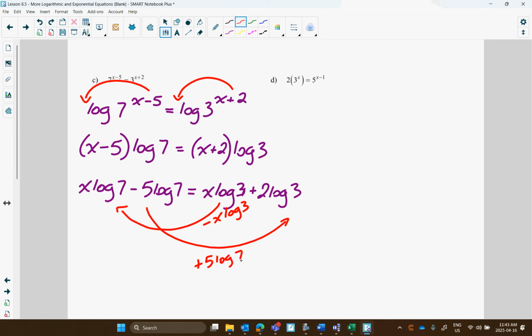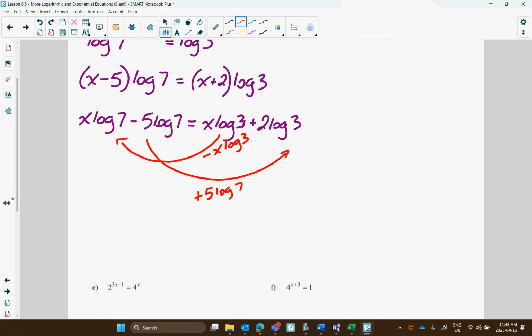You can do them in 2 steps, that's fine. I'm just going to do it in 1 step. So when I do that, there's still an x log 7 here. The minus x log 3 has joined it. On this side, there was already a 2 log 3.